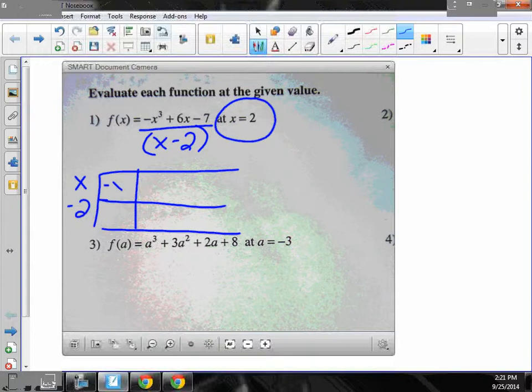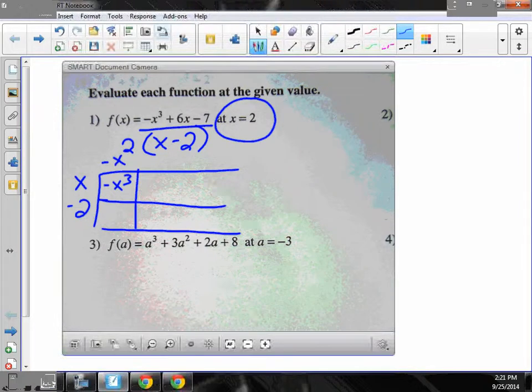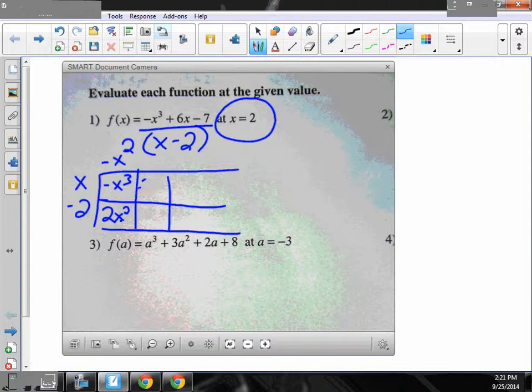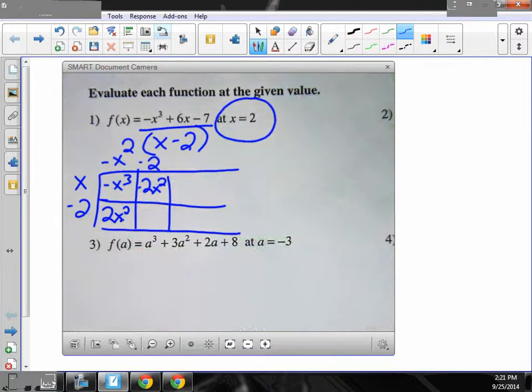So negative x to the third. How many times does x go into negative x to the third? Negative x squared. Negative x times negative 2 would be 2x squared, and I need the 2x squared diagonal to add up to be 0. So I need to put a negative 2x squared in there. And then that's going to give me a negative 2x.